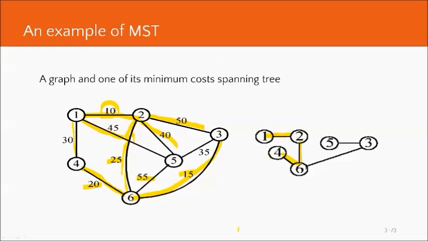So from vertex 6, I am going to connect the edge into vertex 3. Okay? Now, from vertex 3 to 5, which is 35. So now, this is the minimum cost spanning tree. So remember, class, you are to select the minimum cost and you have to visit the vertex at least once. All of the vertex, okay?